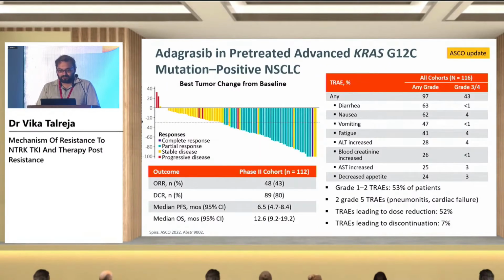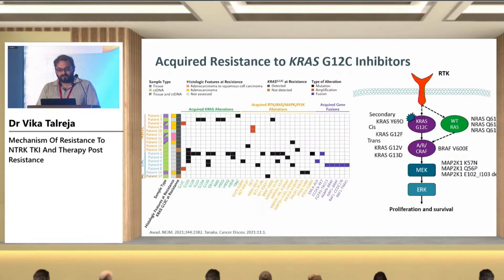And this is the ASCO update, showing an overall response rate of nearly 43% and a disease control rate of 80%. And as we see, we have a lot of secondary cis and trans mutations that develop in the tyrosine kinase pathway of it.